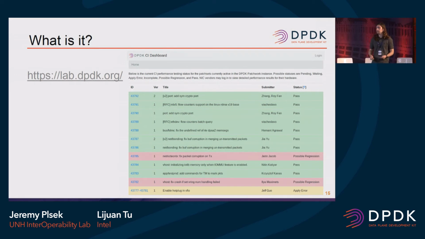For members, it also provides a REST API, so members can grab their data and run their own analytics on it if they so choose. The specific statuses, as kind of mentioned before, are passing, possible regression, incomplete, and waiting. When a patch comes in, it'll say if it's incomplete, because it needs to run on all the machines to get an overall result.